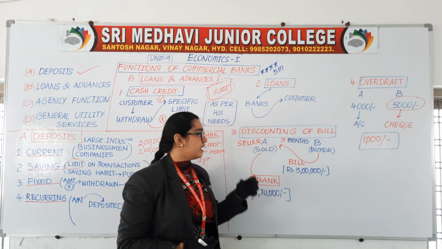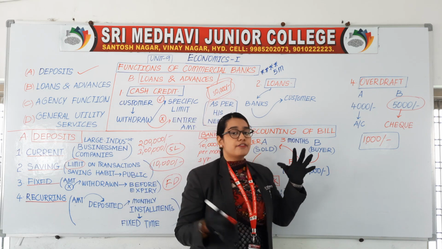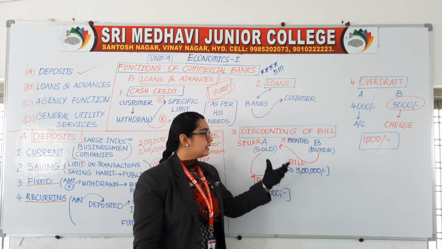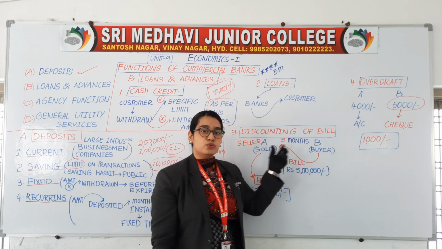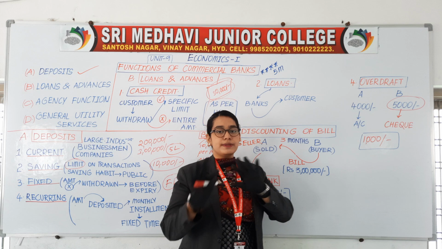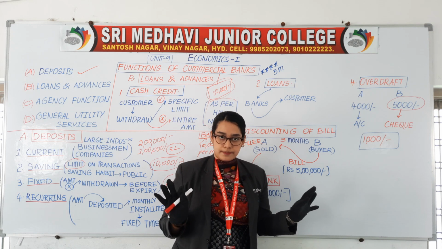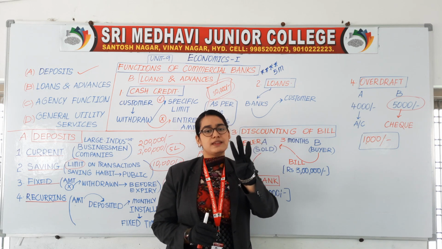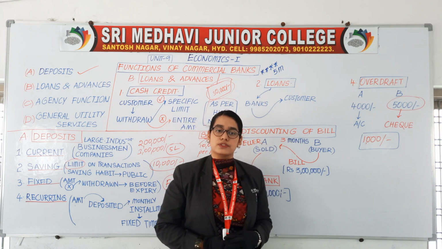In the same way, A and B have come into an agreement and contract that B has bought goods worth 3 lakhs. But right now B does not have any money to pay. So what will B do? They have decided that within 3 months B will pay the amount.